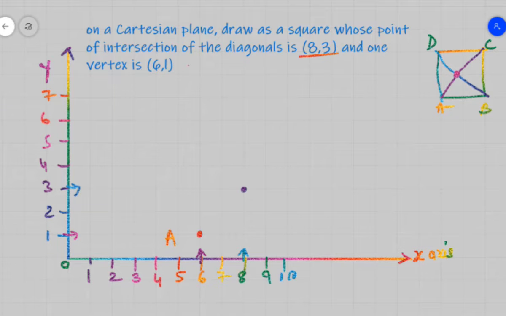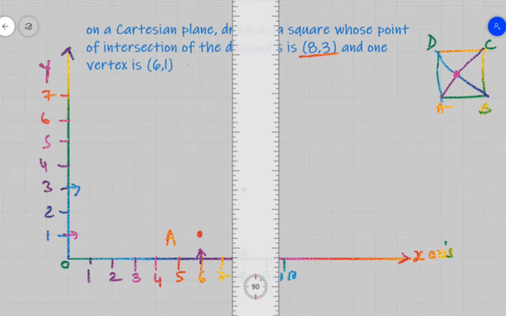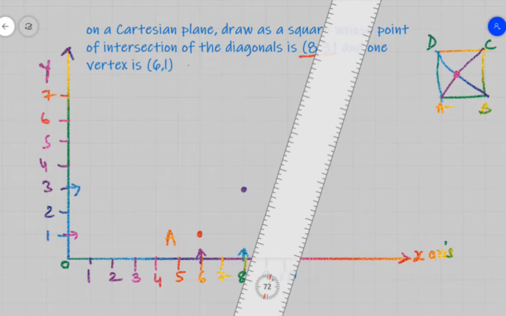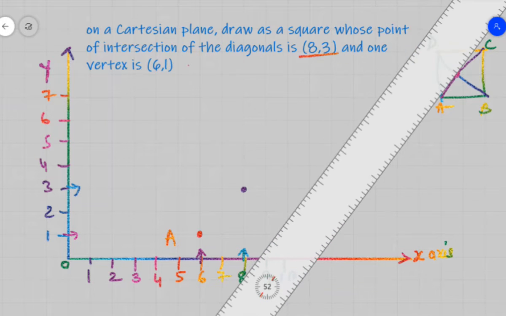Now look here, you have already seen in the previous question that for a square, both the diagonals are equal and they intersect each other at right angles. Now let us take a scale and make both the diagonals from the point of intersection of the diagonals.